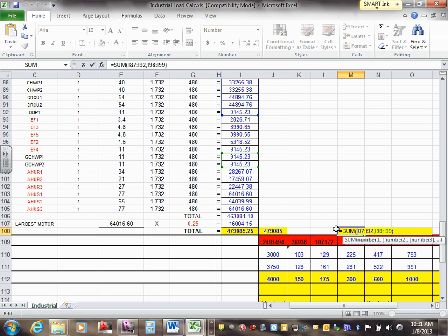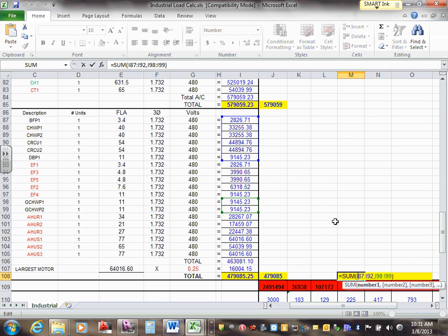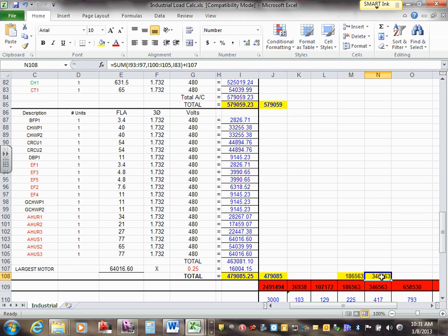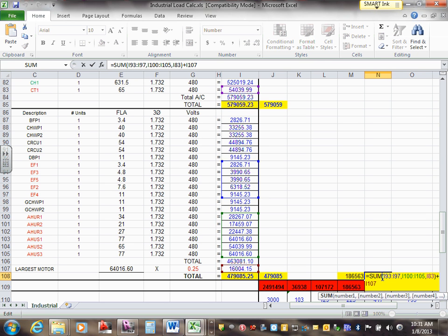This one is for mechanical panel 1, and this one is for mechanical panel 2. Everybody understand why it's red? Because some of them are going to be under mechanical 1, others under mechanical number 2. I need thumbs up.